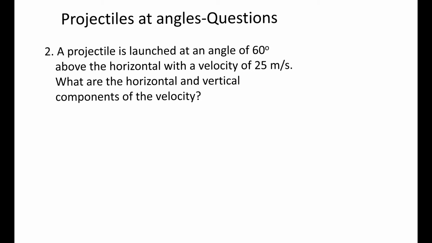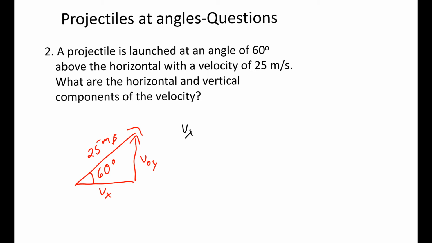Alright, number 2. A projectile is launched at an angle of 60 degrees above the horizontal with a velocity of 25 meters per second. What are the horizontal and vertical components of the velocity? So it was launched at 25 meters per second. We've got 60 degrees. We're looking for vx and voy.